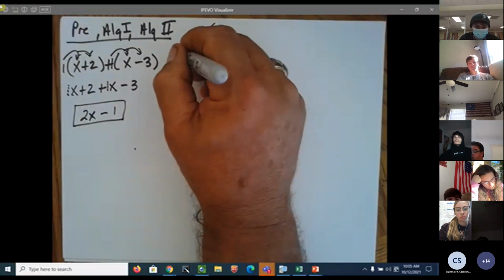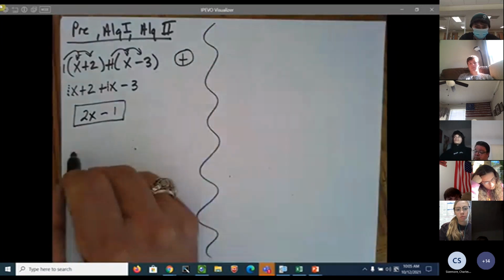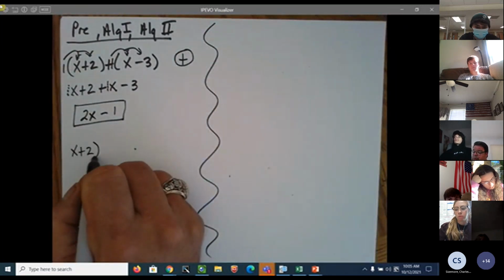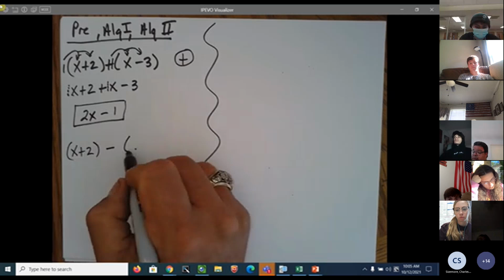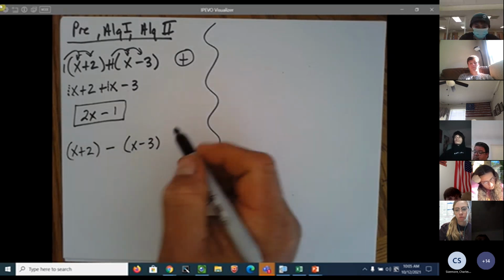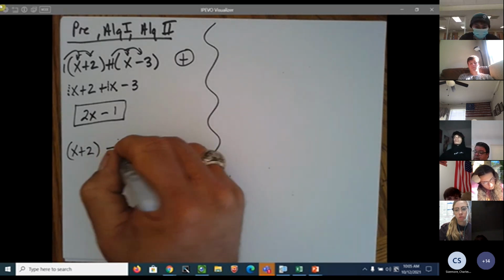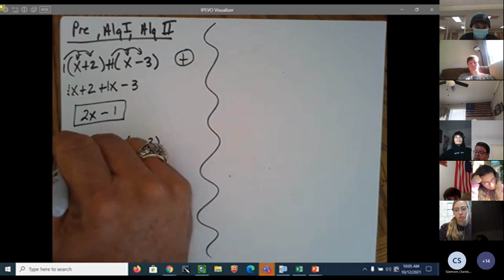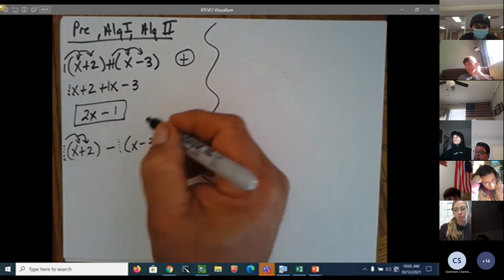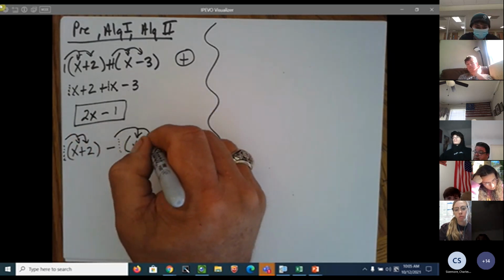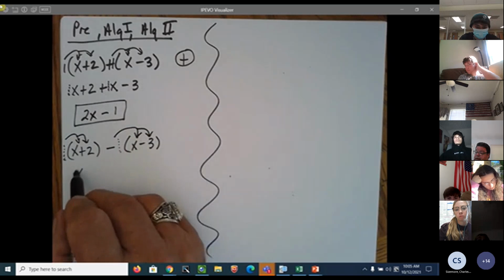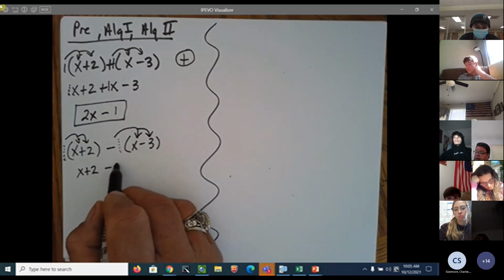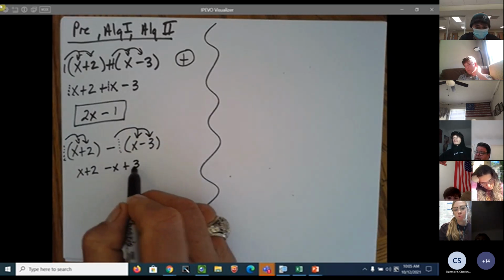And you were taught to subtract. X plus 2, subtract x minus 3. Well, there's a negative 1 there and a positive 1 there. You were told to distribute to get rid of the parentheses, and that left you with x plus 2 minus x plus 3.